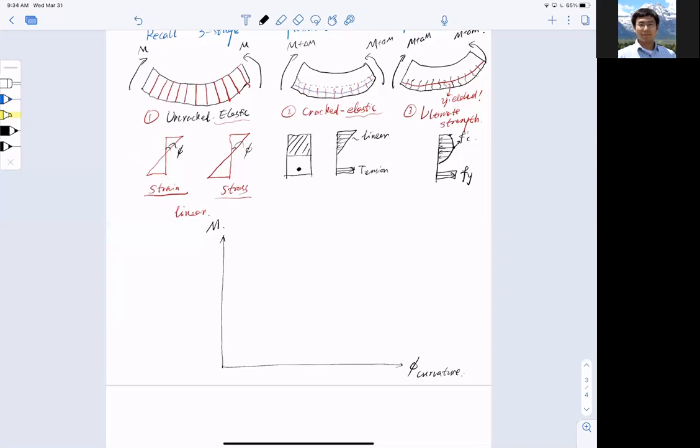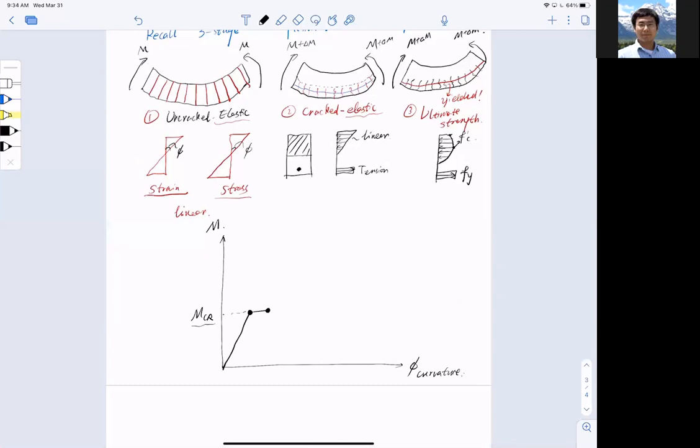So following the three stages, the beginning is linear. So let me go this way, a straight line from the origin, and I'll hit the crack load, Mcr, where first cracking occurs. And you see that I will enter a very short plateau stage, meaning no increment in moment but a lot of increment in curvature.